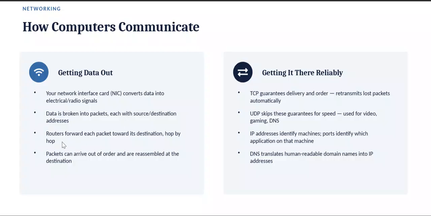Now the routers forward each packet towards its destination hop by hop, one by one. So if I send you a text message, that message is broken into packets with the destination and source address.